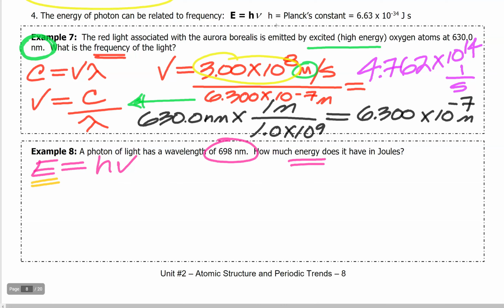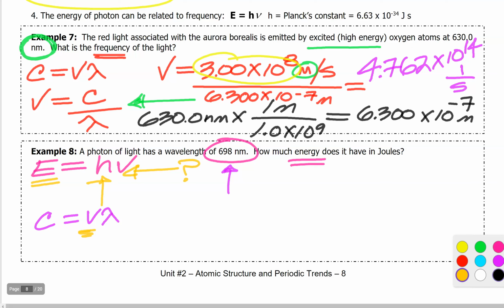The problem is that we want energy. We have Planck's constant, so we've got this value, but we don't have this value. So we're in trouble. We have two variables. So what we'll do is we'll use our speed of light equation, and we'll go ahead and use our wavelength, and then that will get us a frequency.